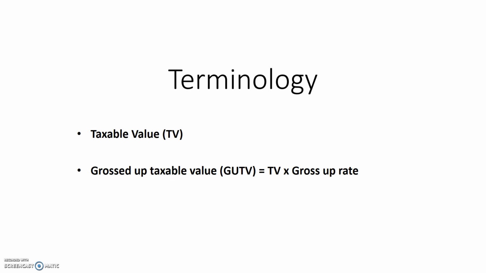The gross up rate is simply a number specified by the tax office that you gross up the taxable value by. The gross up rate's provided in a set of tables, so it's easy to find and just put into your calculation. Next, fringe benefits tax is equal to grossed up taxable value multiplied by the FBT rate. This is the actual amount of fringe benefits tax that the employer would pay to the ATO.